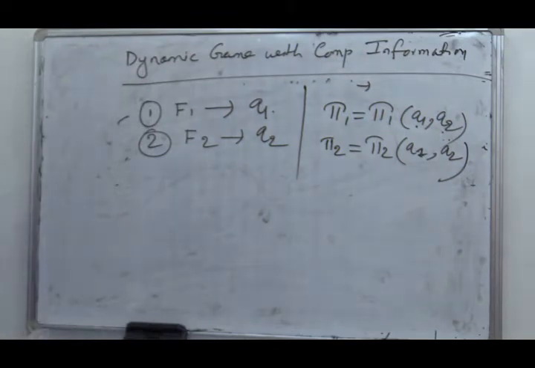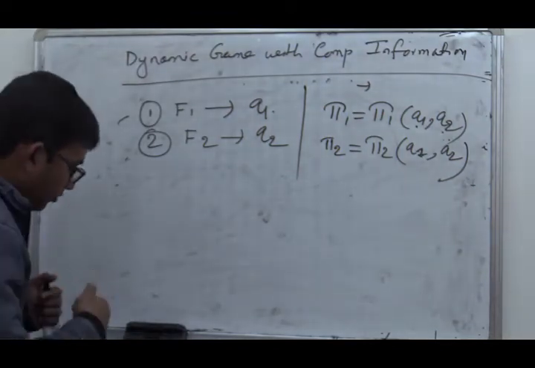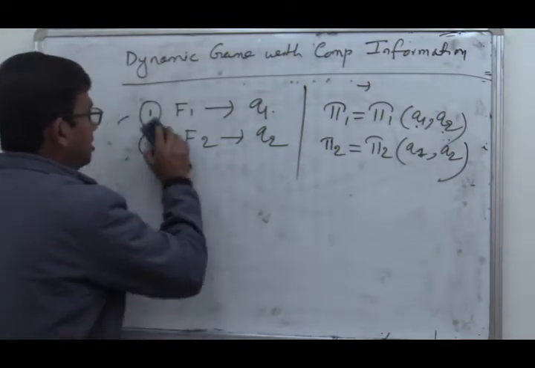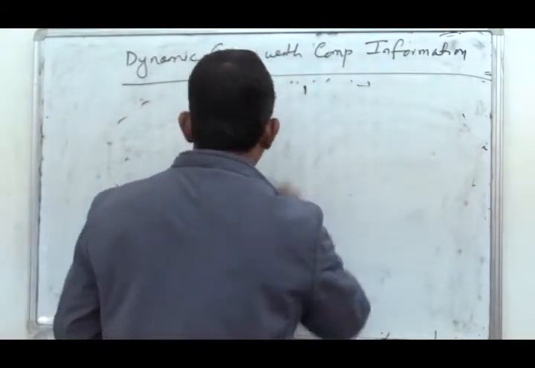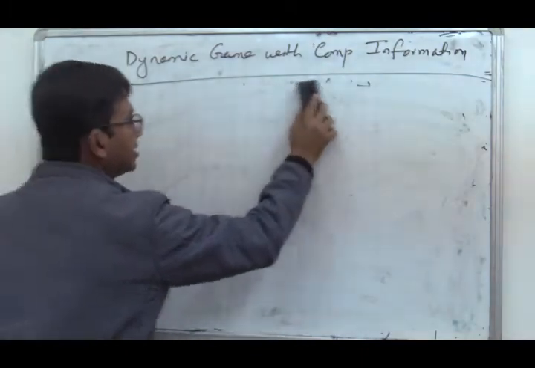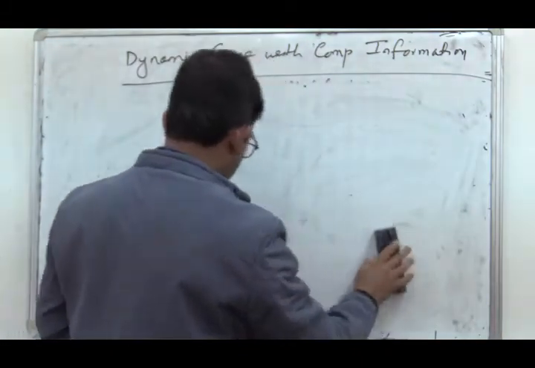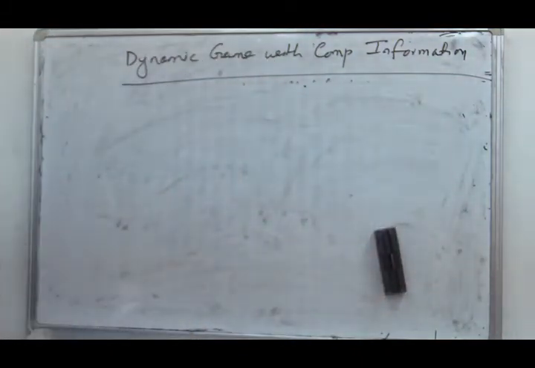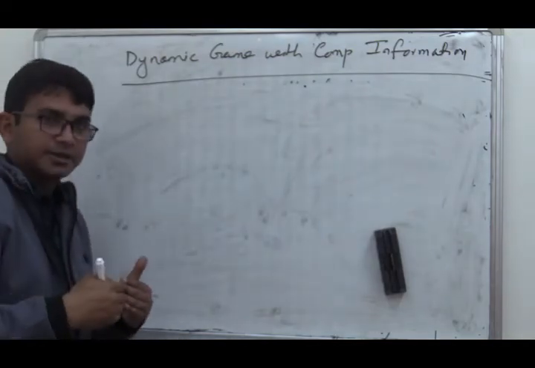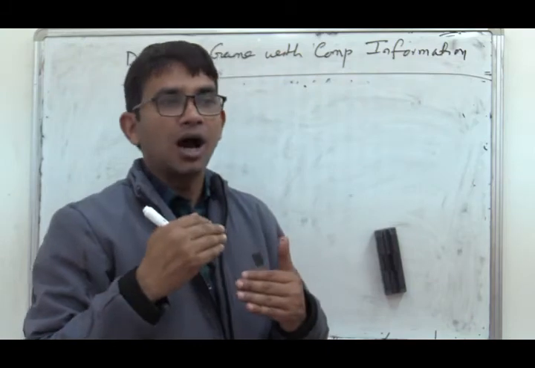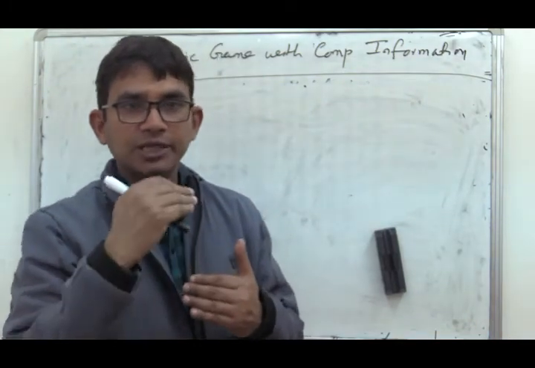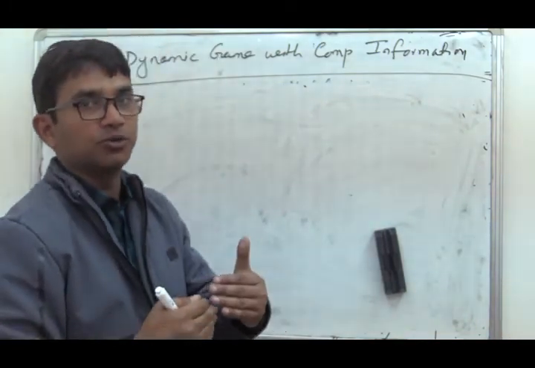Now, before entering the profit maximization function, we have to think in one way: as firm 1 is the leader, it has a clear idea about how firm 2 will respond to its own output.